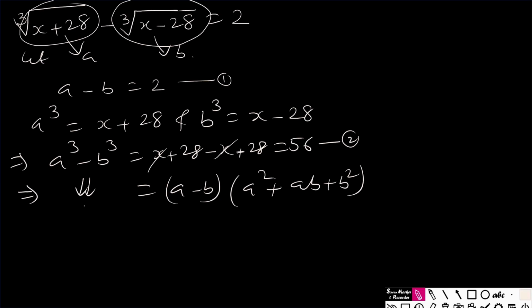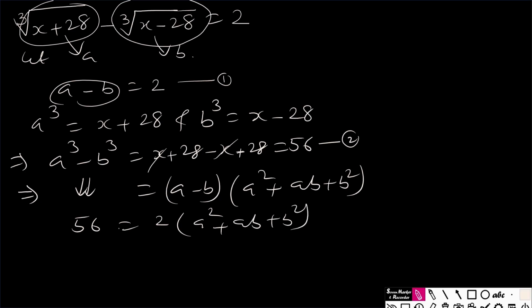So 56 equals a minus b, which is 2, into a squared plus ab plus b squared. So a squared plus ab plus b squared equals 56 divided by 2, which is 28. Suppose this is equation number 3.